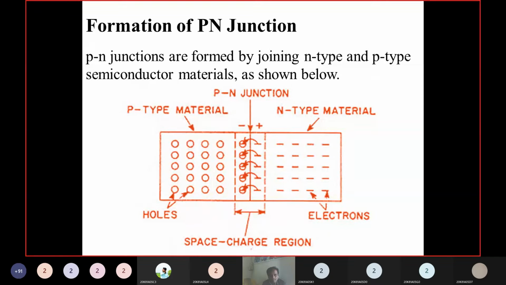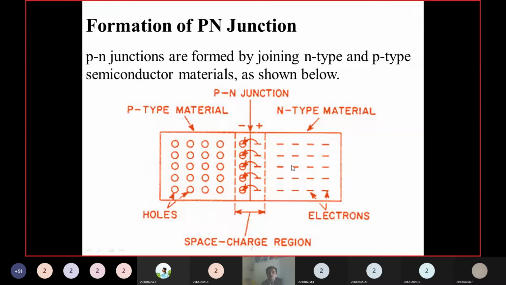Alternatively, while preparing the material, in one region we dope with a trivalent material to make P-type, and in another region we dope with a pentavalent material. Like that, the PN junction will be formed.